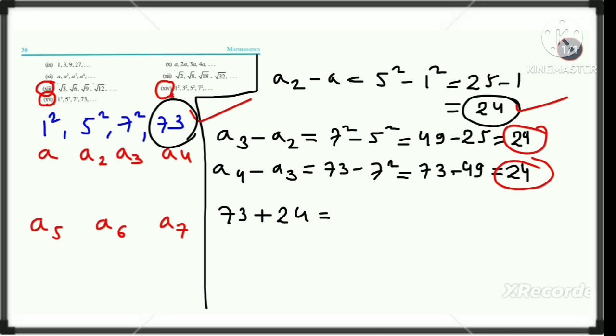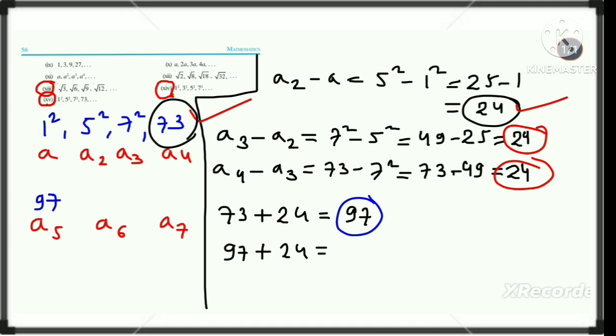Now 3 and 4, 7, and 7 into 9, 97. This is the fifth term, 97. And when we add the common difference to the fifth term, then we obtain its sixth term.